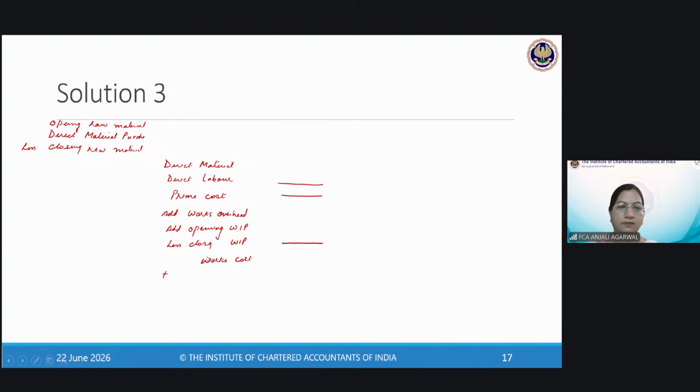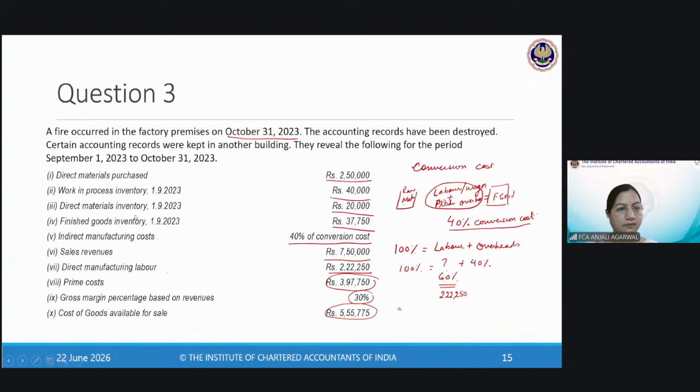No administration expenses are given to us and no selling and distribution expenses are given to us, so we will assume them to be nil.